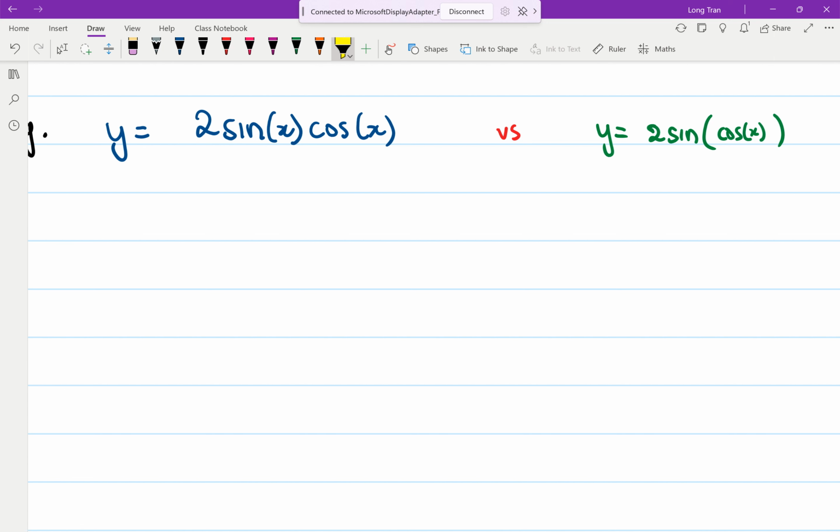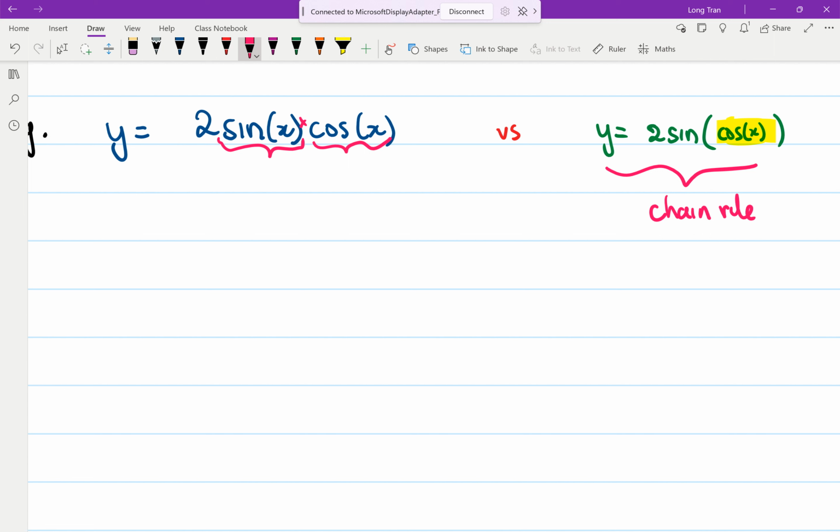One has a cos of x within sine. Instead of sine of x, it's sine of cos of x. This is a chain rule problem. Whilst in product rule, you can clearly see sine of x is one function, written next to cos of x, so that means it's multiplying your second function, which is cos of x.